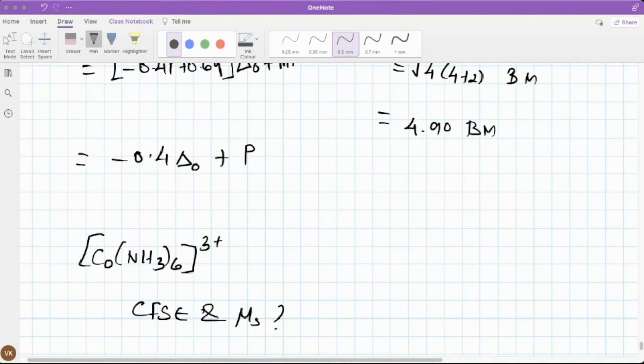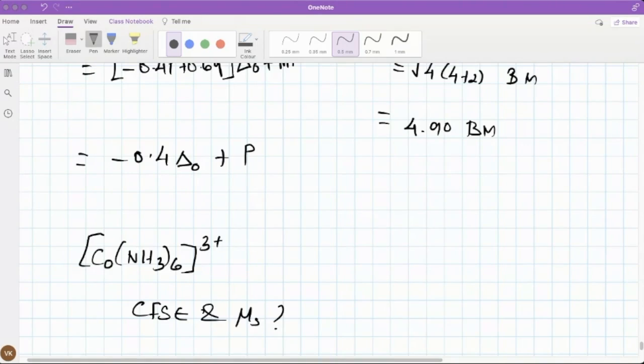d6, and I told you this is a strong field ligand. So what happens? Pairing will take place in t2g. If you pair it, what is the CFSE? Minus 2.4 delta O plus 2P.